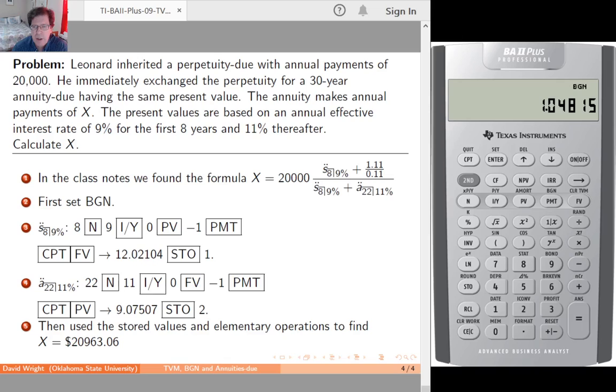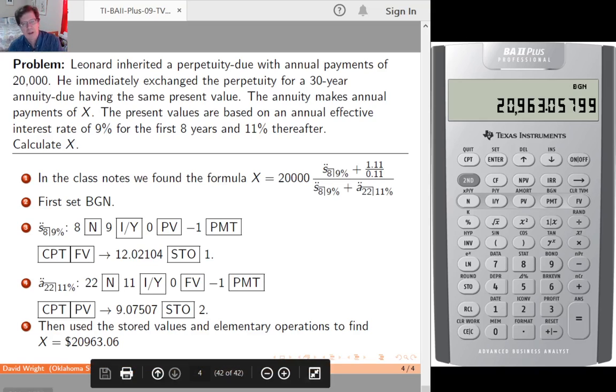And the final thing I have to do is multiply by 20,000. So I say times 20,000. And there you go. That's our final answer, 20,963. So when he gets the 30-year annuity, the payment rises by roughly $1,000 to $20,963.06. And that is the conversion of the perpetuity into an annuity.